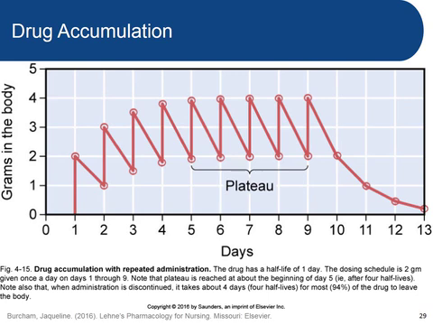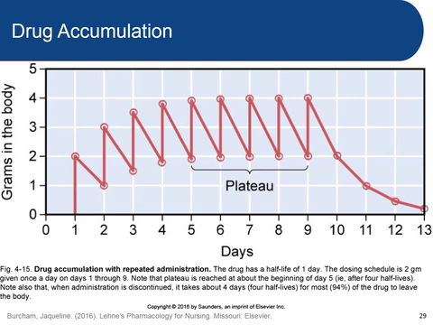That plateau is where what you're putting in each day when you take the medication is what's been excreted. So you're maintaining that steady state. For this particular drug, the dosing schedule is 2 grams given once a day. And note that beginning around day 5, which is almost 5 half-lives, is when you start to notice that you've got that plateau.